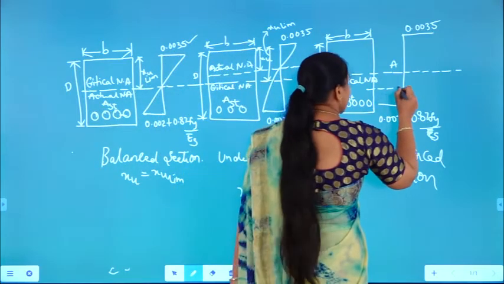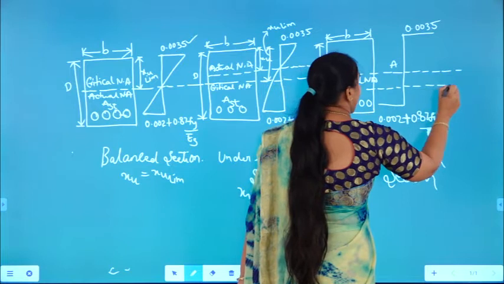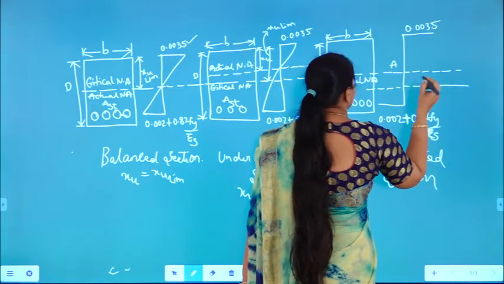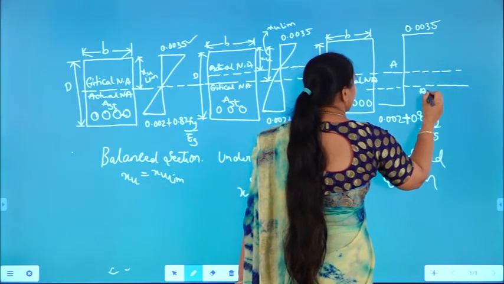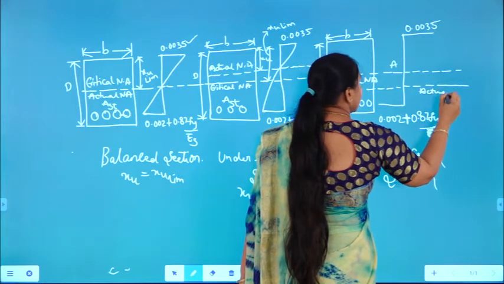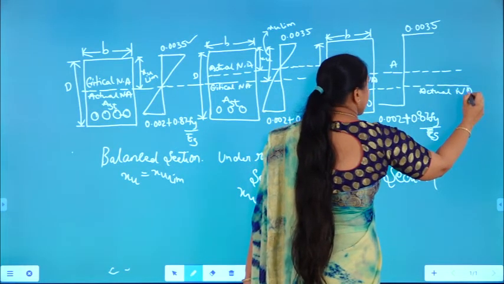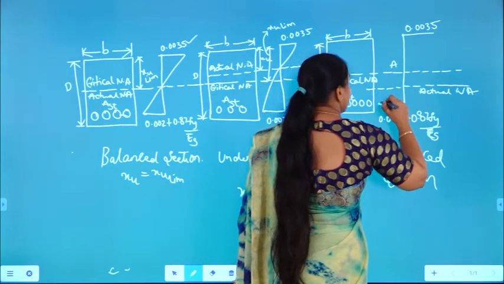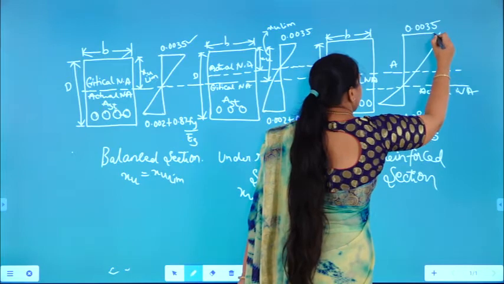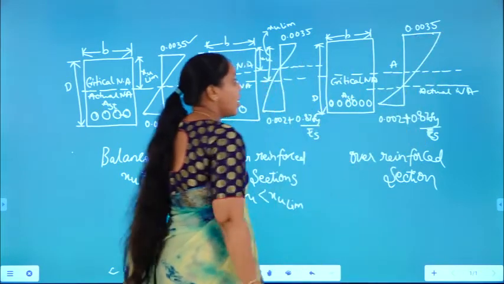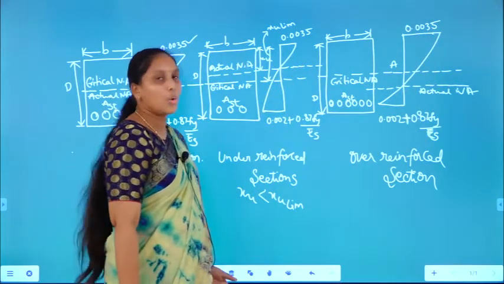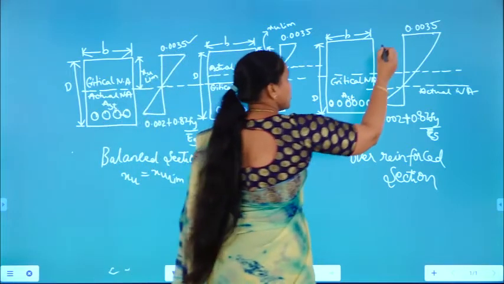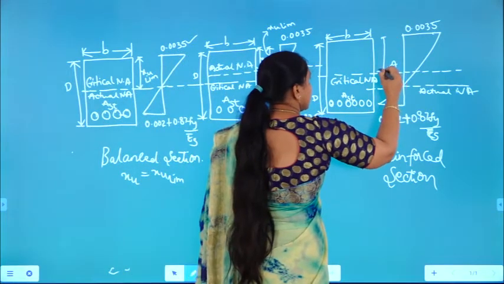That is, here you are going to have the actual neutral axis. So, how is your strain profile going to look? This is how your strain profile is going to look. So, if you see this, what is this?